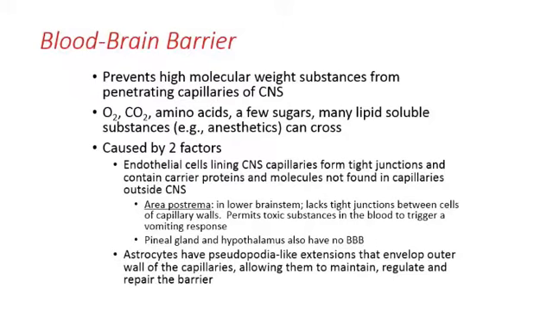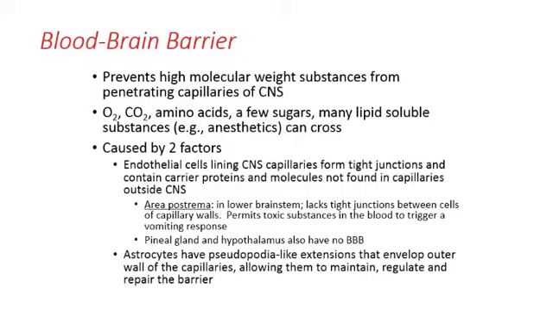And this further explains the blood-brain barrier. Again, oxygen, carbon dioxide, amino acids, a few sugars like glucose, and many lipid-soluble substances like anesthetics are able to cross the blood-brain barrier. That barrier is produced by two factors. The first is the very tight junctions between the endothelial cells lining the CNS capillaries.